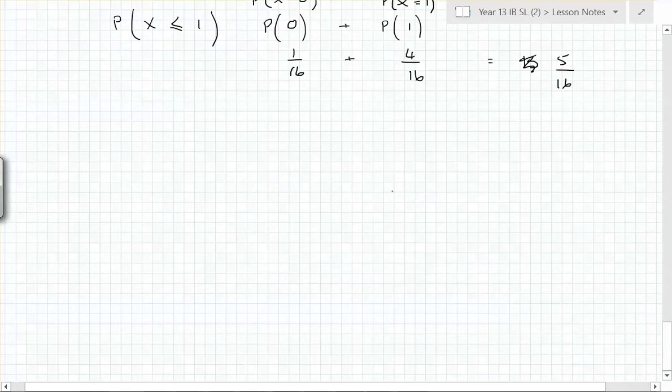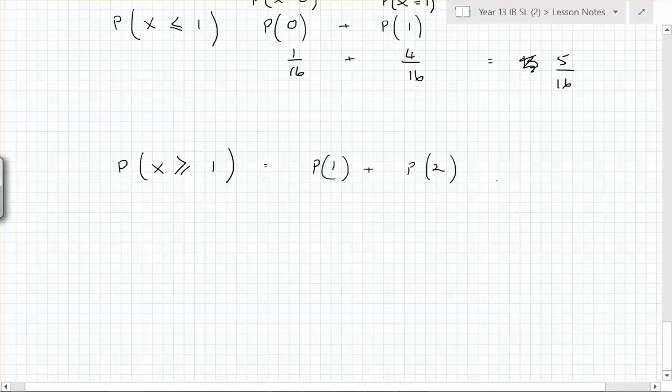And then, finally, the probability that we have more than or equal to 1 success. So that is the probability of 1 plus the probability of 2 plus the probability of 3 plus the probability of 4 successes. So do we do all 4 of those?